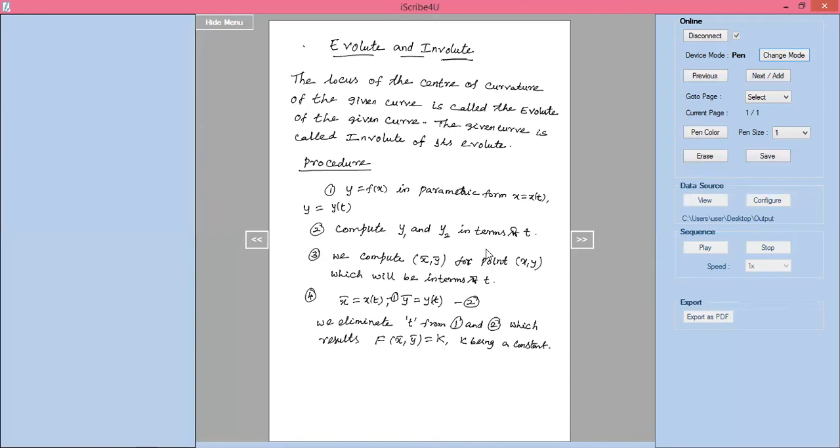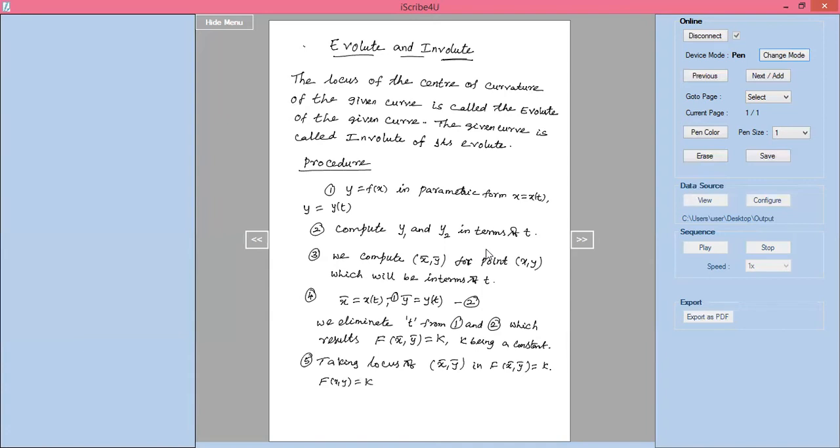Now, fifth point, taking locus of x bar comma y bar in f of x bar comma y bar. That means we'll remove x bar and y bar and write it as f of x comma y equal to k.